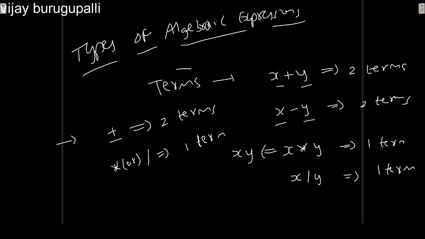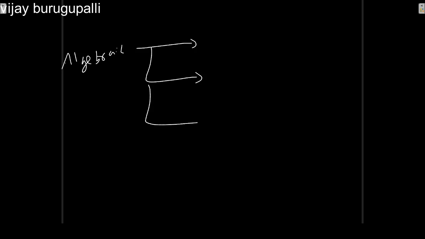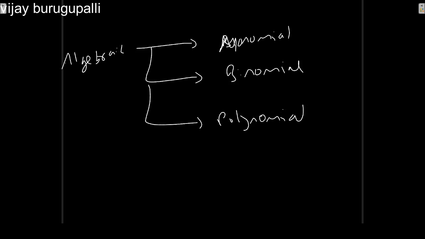On the basis of these terms, we divide algebraic expressions into different types. Algebraic expressions are categorized into three types: monomial, binomial, and polynomial. Monomial means having only one term.